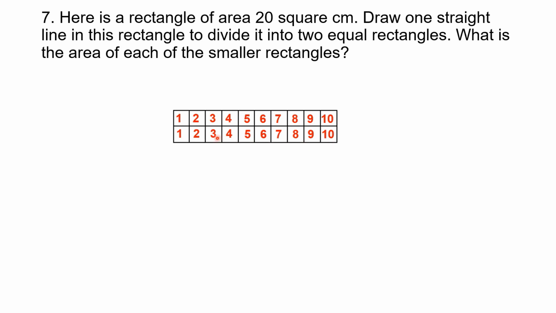So the area of this rectangle is 10 plus 10, 20 square centimeters. Now we have to draw a straight line to divide it into two equal rectangles. Let us draw. Now this straight line divides this rectangle into two equal rectangles. Let us see those rectangles.